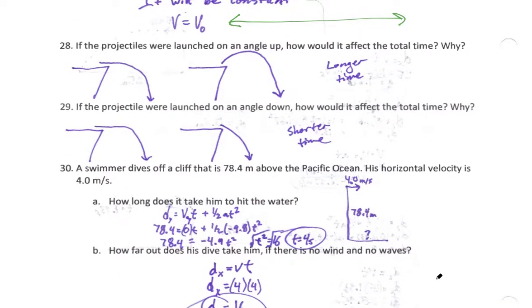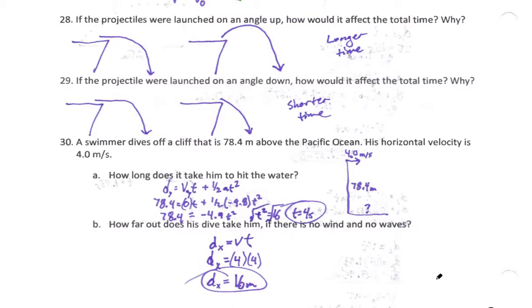28, 29, 30. So 28, if the projectile were launched at an angle up, how would it affect the total time? Now, if we didn't launch at an angle up, just threw it straight out, or just dropped it straight down, these two types of projectiles would take the same amount of time to hit the ground because both have the same y distance.